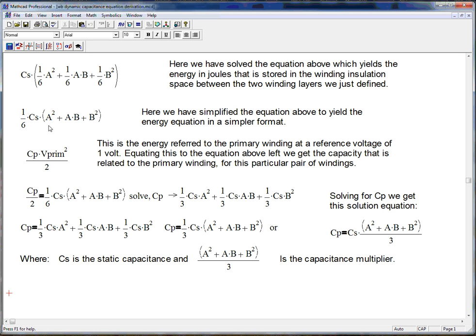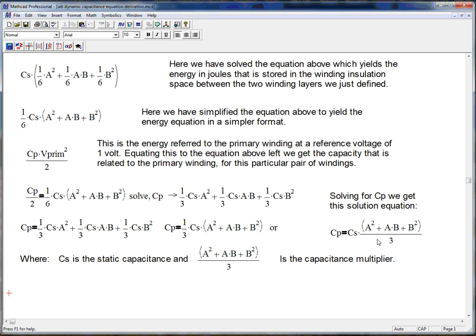And you can see we derived it through those other equations, probably arriving here. And then we equate this equation to this one. We solve for CP, by equating these equations. One is the energy stored in the system, the other one's stored or referred to the primary, if you will, knowing the primary voltage. And when we do that, you see these equations.